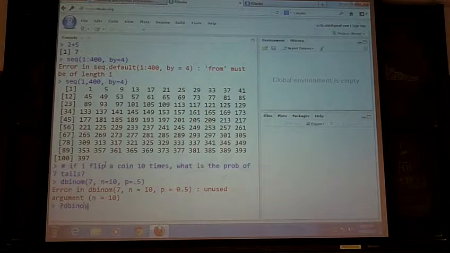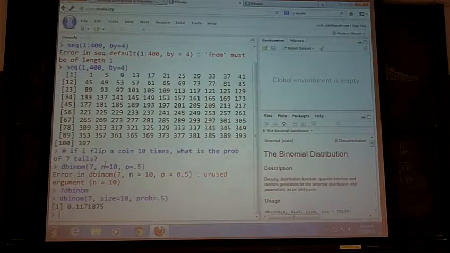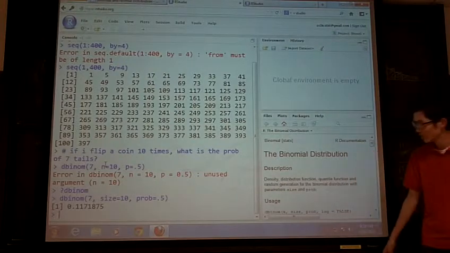Sorry. It's not n, it's size. I'm sorry. Size is equal to 10, so I apologize. Size equals 10, and I write probability equals 0.5. And there's my answer. Okay. I'm used to the shorthand, so that's why I forgot.